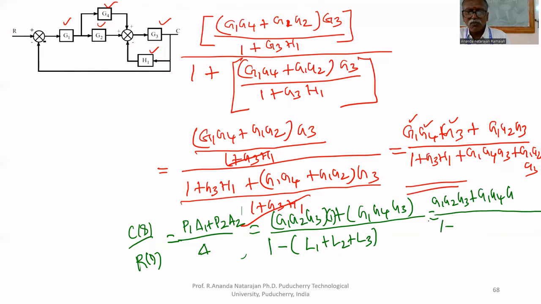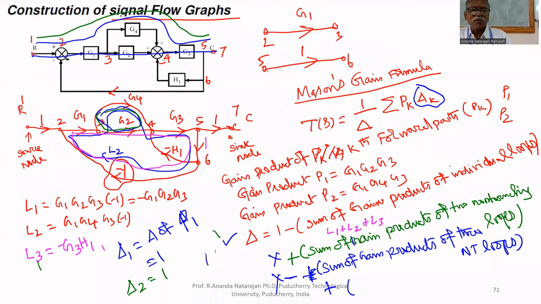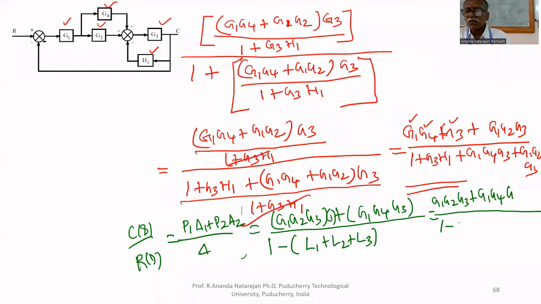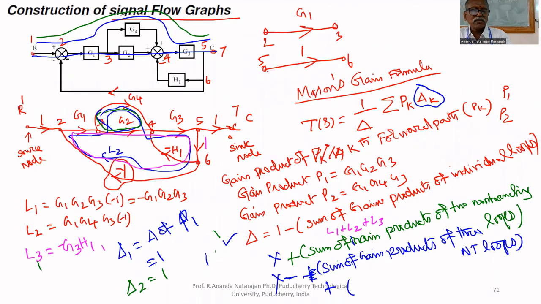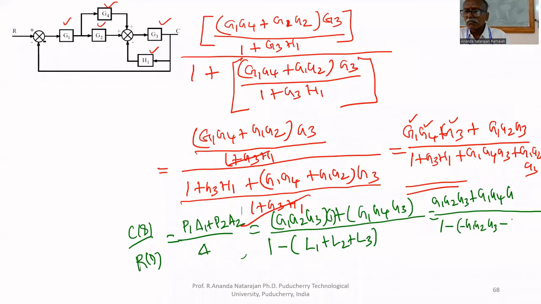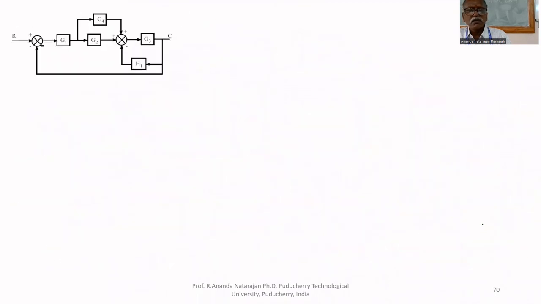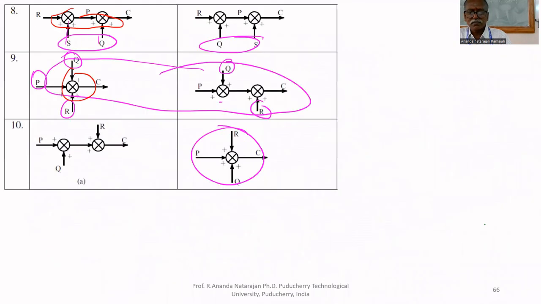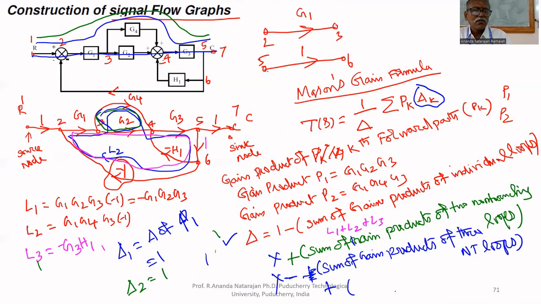What is L1? Minus G1 G2 G3. L2 is minus G1 G4 G3. What is L3?